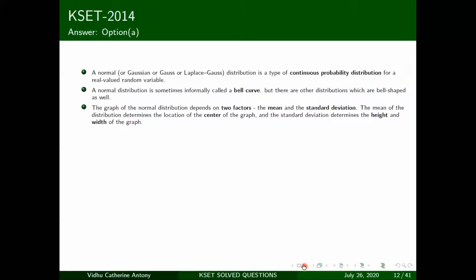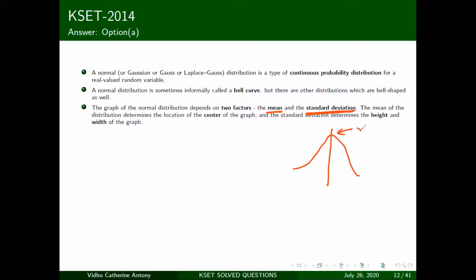The graph of the normal distribution depends on two factors: one is the mean, and the other one is the standard deviation. The mean of the distribution determines the location of the center of the graph, and the standard deviation determines the height.